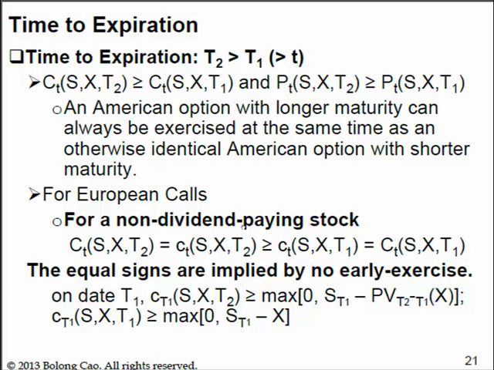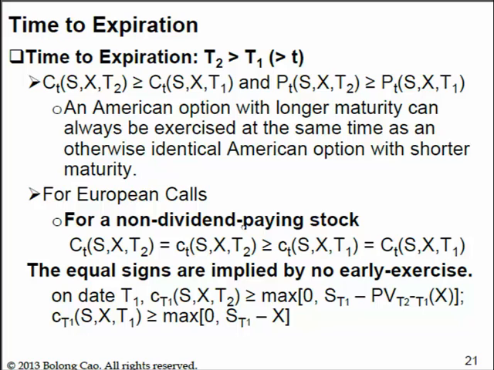The next topic is time to expiration. Let's say T2 is a further time than T1 from today. So if an option has an expiration of T2, it has a longer life. Now, what do we know for American options? If the American option has a longer life, it will have a higher value.